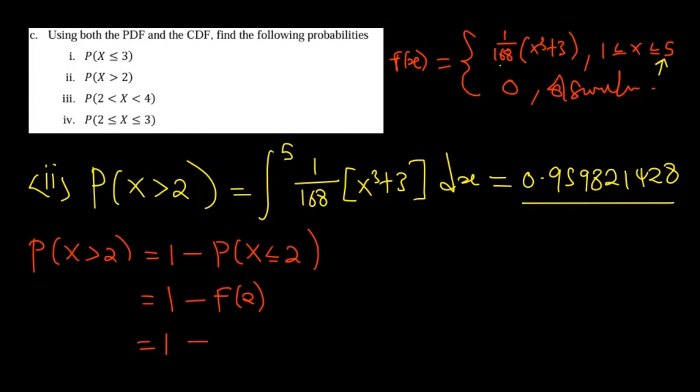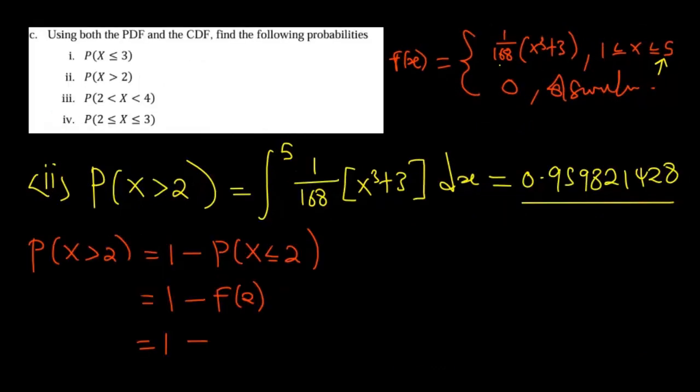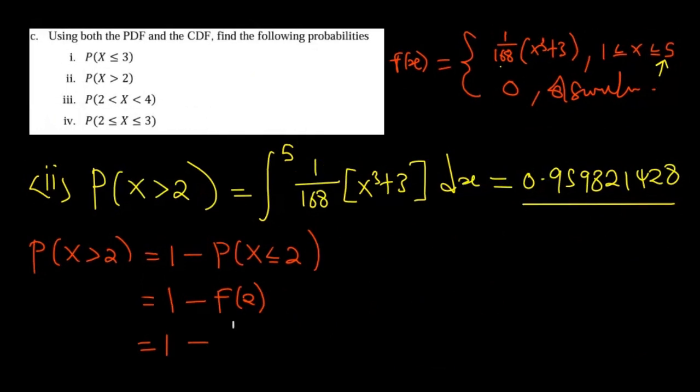So we have 1 minus, what is F of 2? It means wherever there's x in that CDF formula that we found, from 1 to 5, wherever there's x here, we're going to put 2. That's what it means. So I have 1 over 168, and then I have 2 to the power 4 over 4 plus 3 multiplied by 2, then minus 13 over 4.